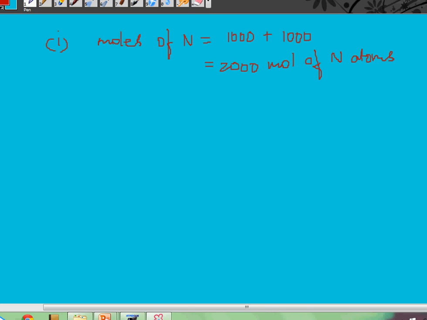In the second part you have to calculate the number of nitrogen atoms. You have been given the moles of nitrogen atoms from the first part, and from there we have to move on to the number of nitrogen atoms. Let's say it is equal to n. So we know that the number of moles is equal to the number of particles divided by Na.